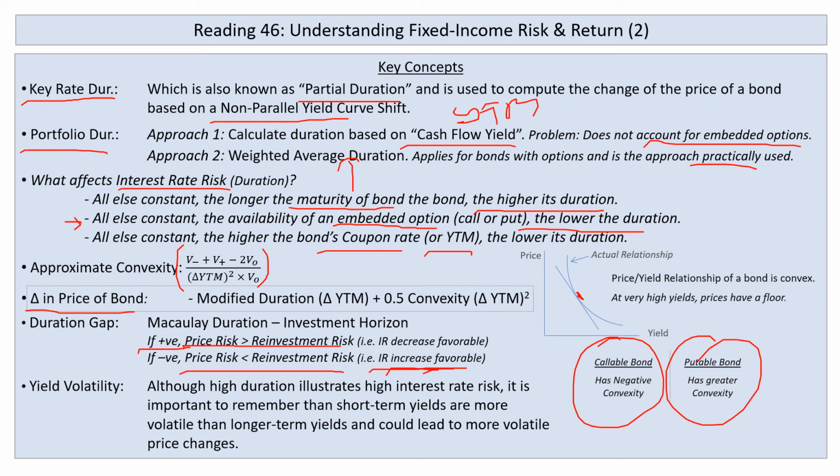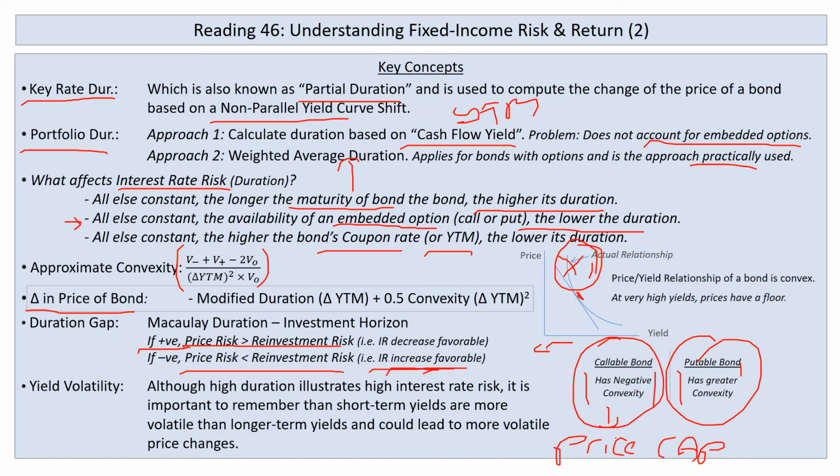Since a callable bond has a price cap, investors that hold the callable bond cannot benefit from this large jump or skyrocket increase in bond prices when yields go down. Basically the price is capped, and this would not happen for a callable bond. This is why I would say a callable bond has a negative convexity.